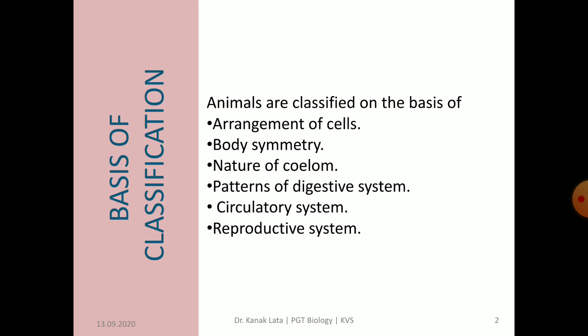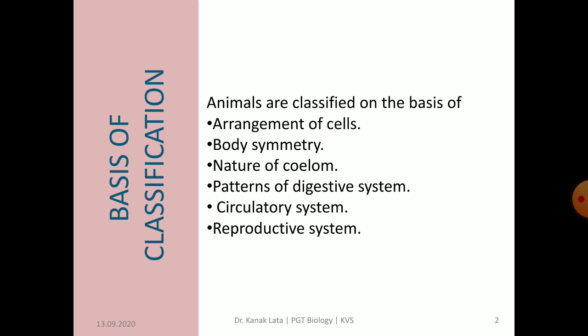Symmetry refers to the similarity in the arrangement of parts on opposite sides of the body. Symmetry may be asymmetry, radial symmetry or bilateral symmetry. Later on, we will discuss all this in detail. Animals are also classified on the basis of nature of coelom. Coelom means body cavity.